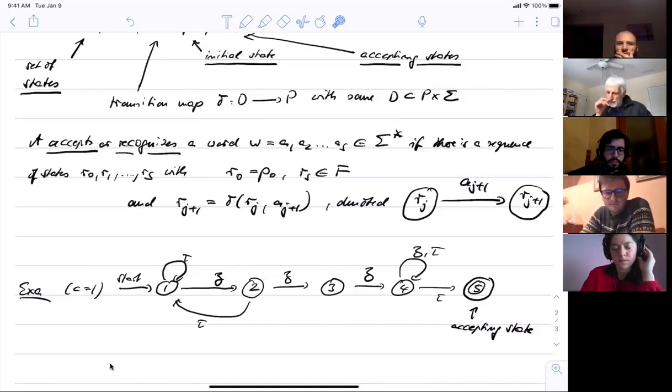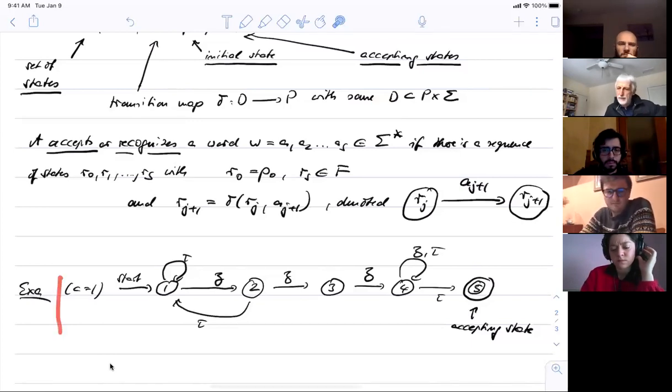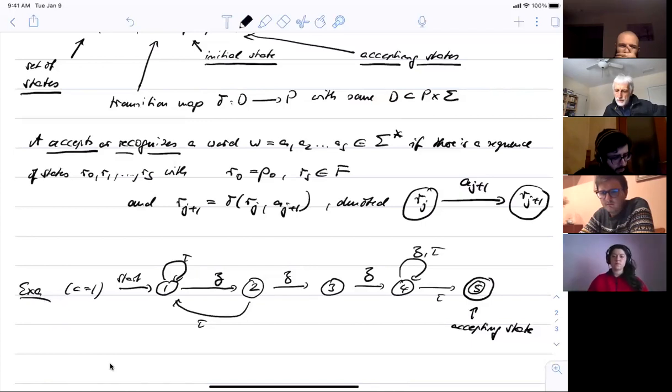Okay, well then, so let's check what words are accepted by this automaton. So how does this go? I mean, we have to start here. And once we are in state 1, we can go back to 1, adding a tau, or we can go to state 2, adding a theta.